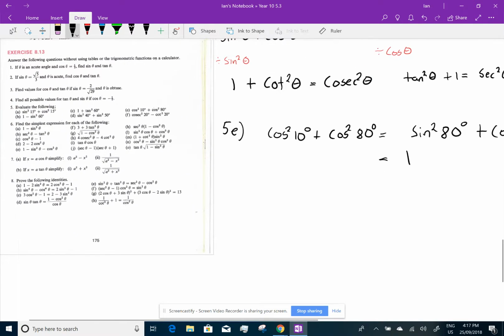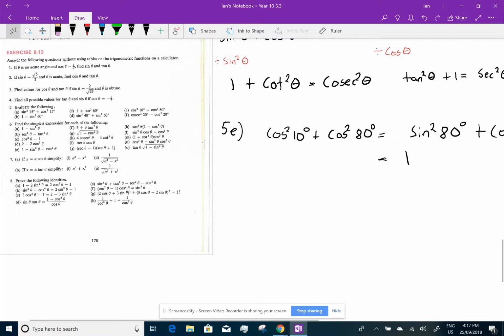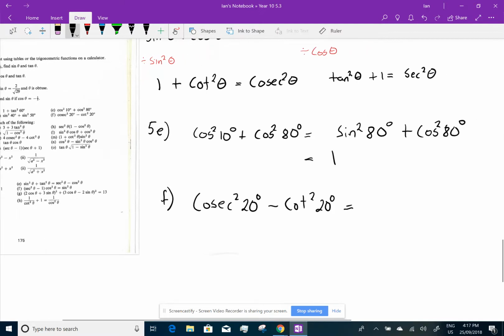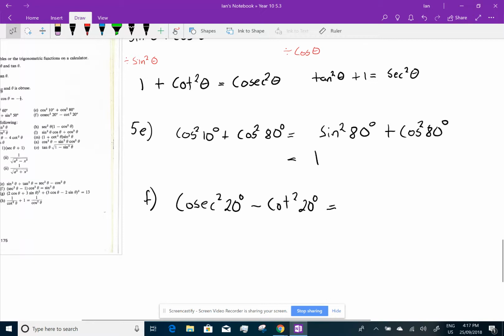Okay, what else have we got there? Let's have a look at F, if you're having trouble with 5F. I've got cosec squared 20 degrees minus cot squared 20 degrees. Well, what I have to do is use one of those ones up there. So I can use the 1 plus cot.